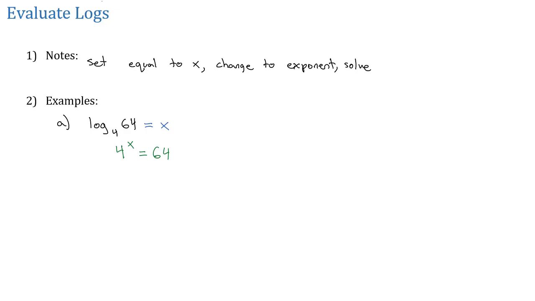Well, we know we can solve these types of problems by writing them with a common base, and 64 is 4 to the third power, which is also equal to 4 to the x. And we know if the bases are equal, the exponents have to be equal. And so x is equal to 3, but really x is what we said log base 4 of 64 is. So now we know log base 4 of 64 equals 3.